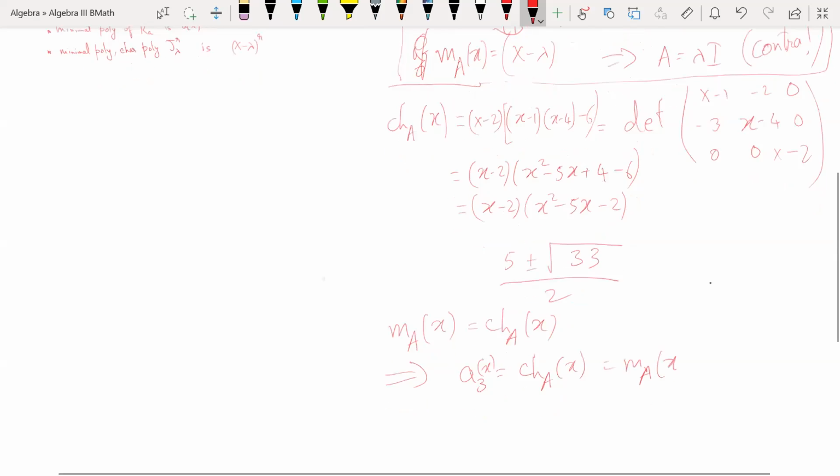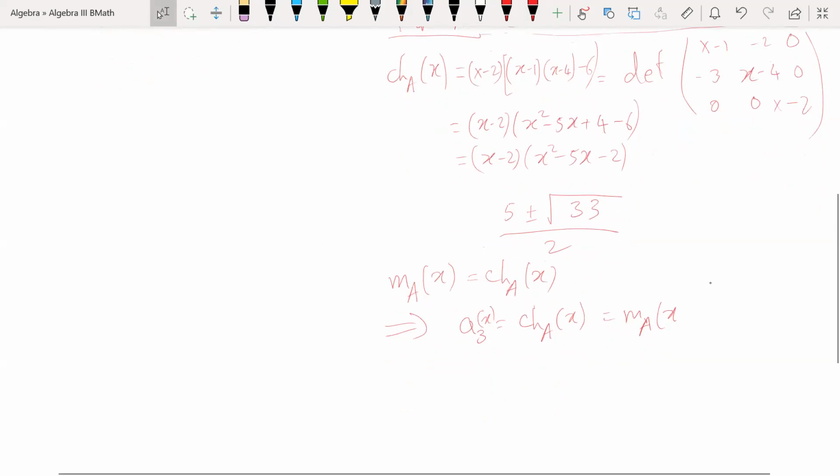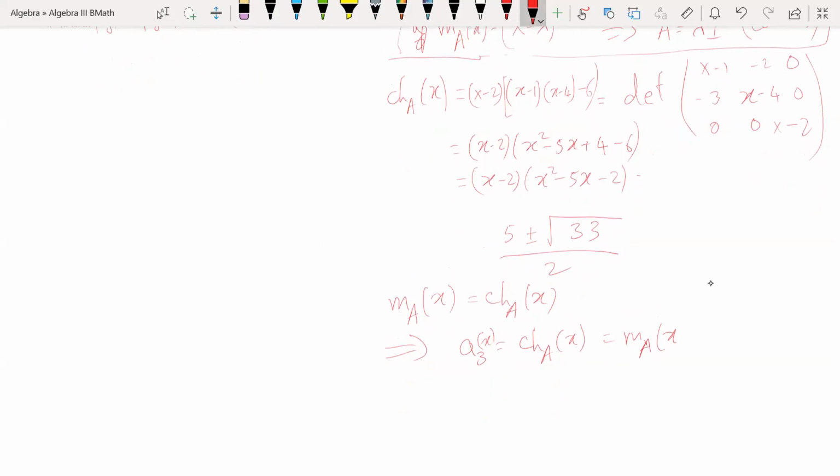So what is the rational canonical form then? To calculate it, we'll have to know all the coefficients of this polynomial, so we may as well multiply it out.